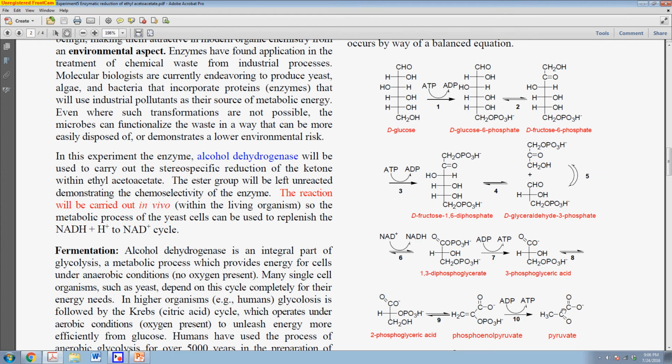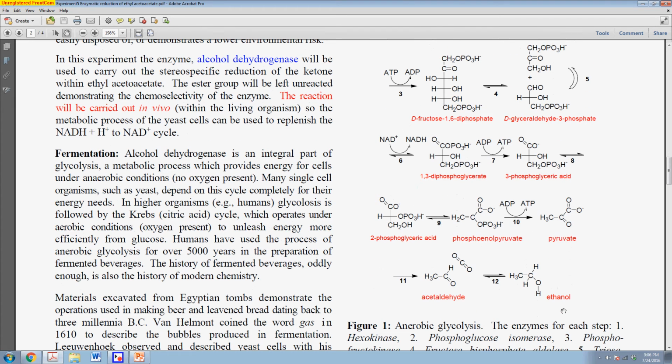The key here is that when you get to pyruvate under normal aerobic conditions, this can then go into something called the Krebs cycle, and then the Krebs cycle will generate all of the key materials that go onto the electron transport chain and through normal aerobic respiration.